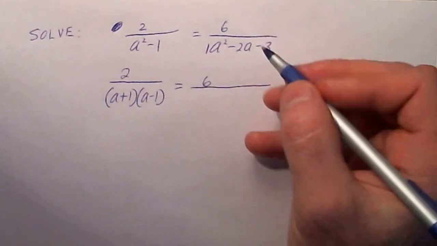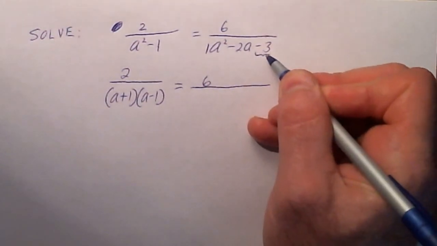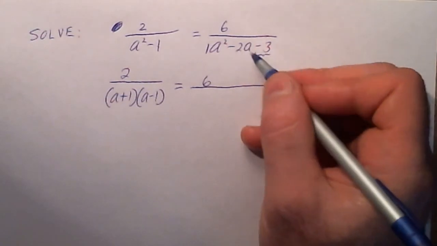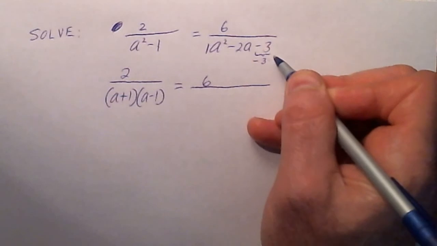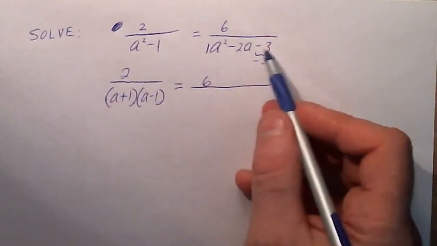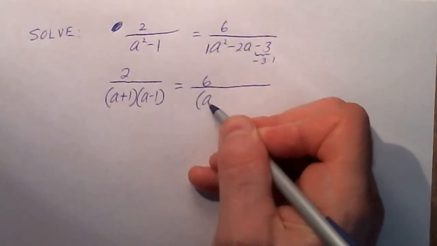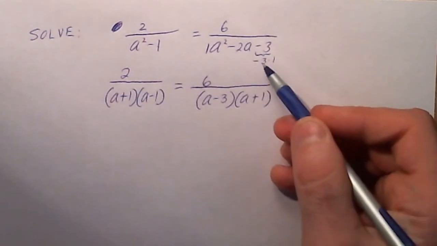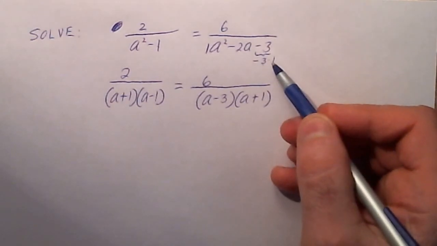All we need are two factors of negative 3 here that sum up to the middle coefficient of negative 2. And the only factors of negative 3 that work are going to be negative 3 and positive 1. Being the case, this trinomial immediately factors into a minus 3 times a plus 1.